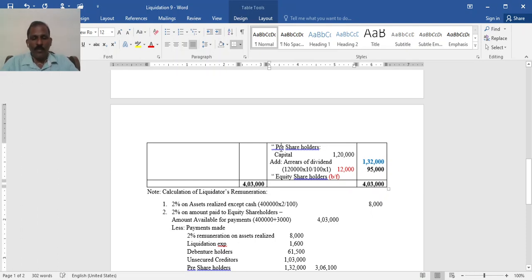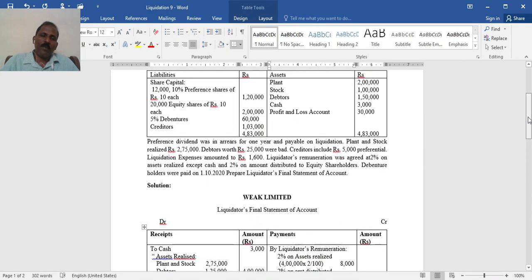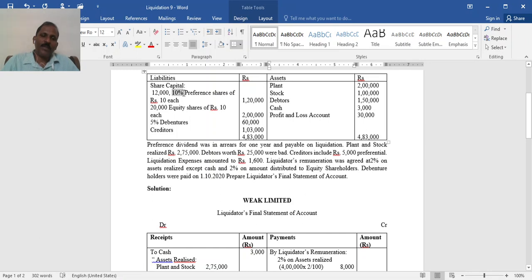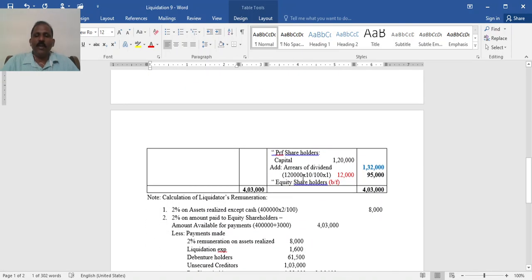As you know, preference shareholders must be paid before equity. In fact, if equity shareholders are partly paid, to pay preference shareholders fully, they have to bring in the difference as call money, or contributories, as it was in the other problem. So now preference share capital 1,20,000, and there was arrears of dividend for 1 year at 10% on 1,20,000.